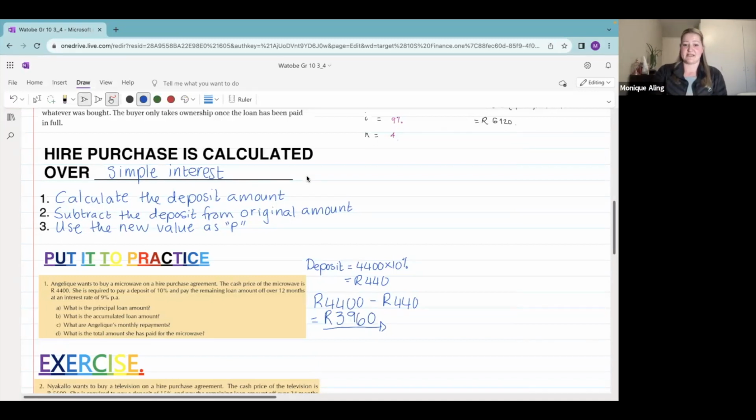Does that make sense? Okay. So A is working out how much is being loaned before interest has been included, or the original amount borrowed. Then question B says, what is the accumulated loan amount?